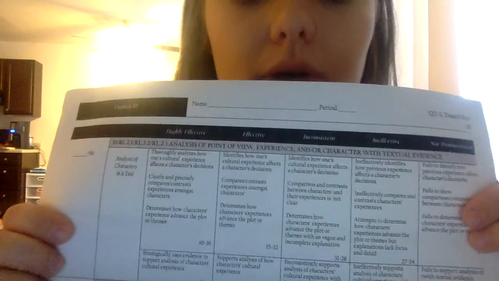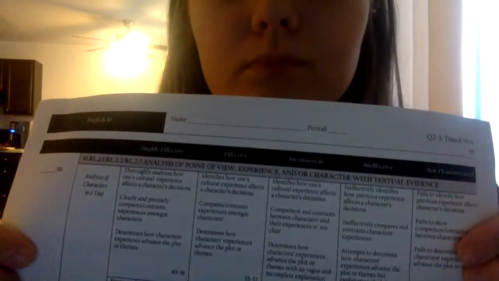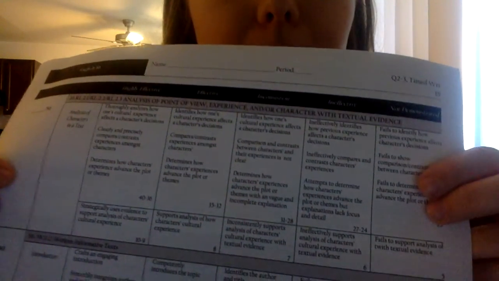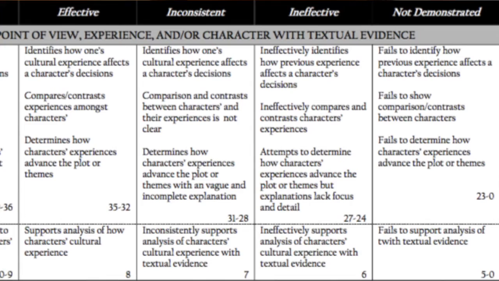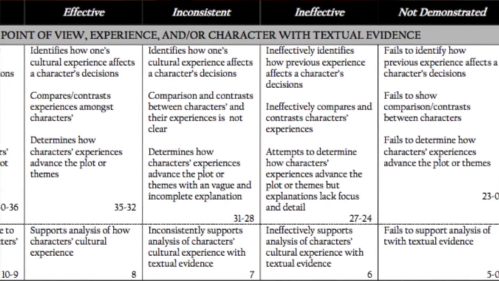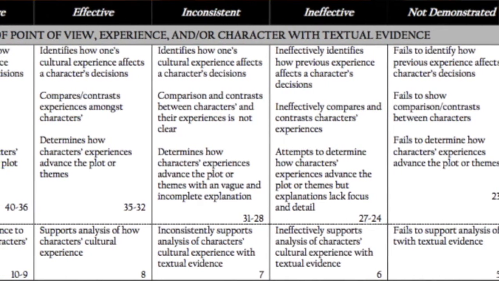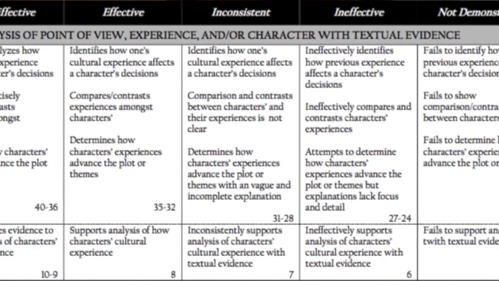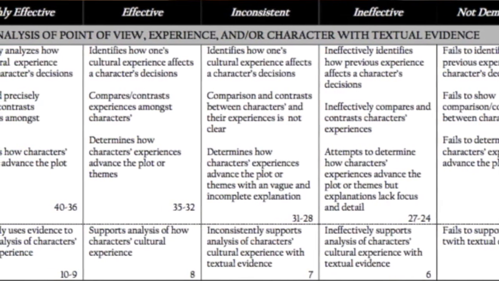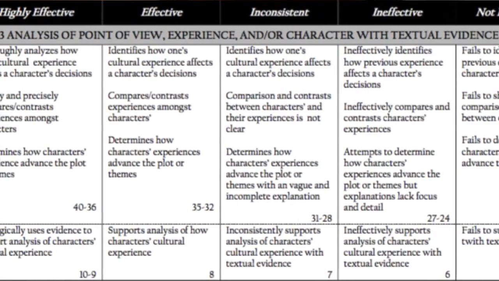So I'm going to look on here, and I see that the major component on this rubric is analysis of characters in the text. So I have pretty high expectations for myself. I'm going to be looking in the highly effective range, which will gain you any points out of the 40 from 36 to 40.